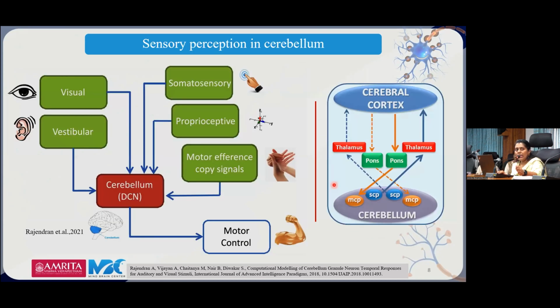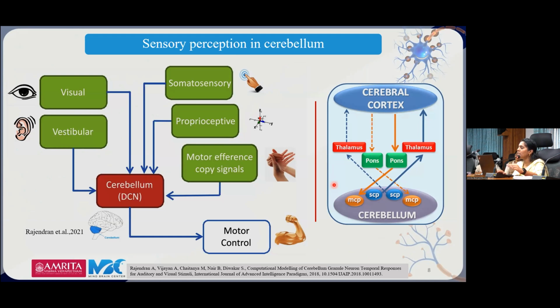So, in the cerebellum, there is a provision to take up multimodal input. May it be visual, auditory, somatosensory, or even efferent signals. Whatever kind of sensory signals come in, they pass through the cerebellum and have a role in motor control.